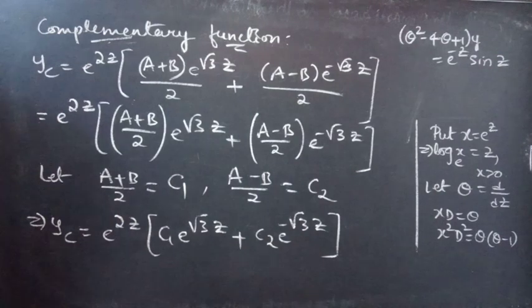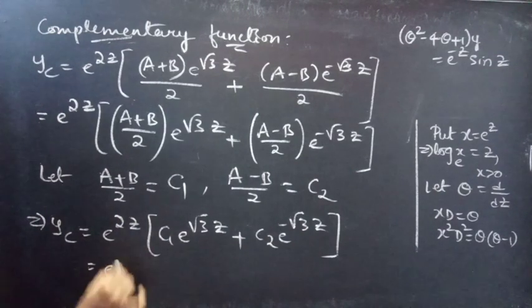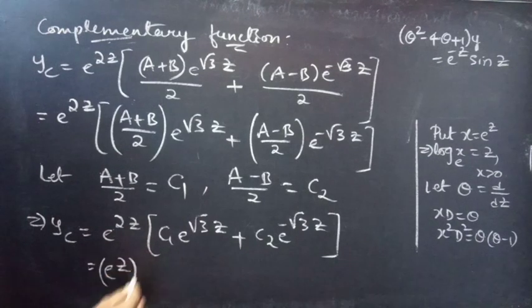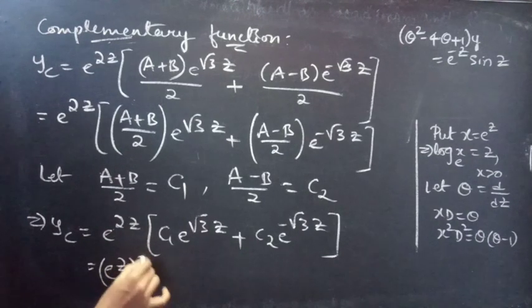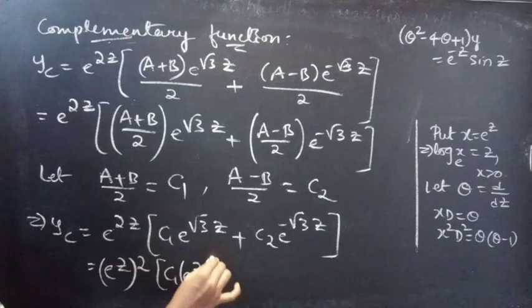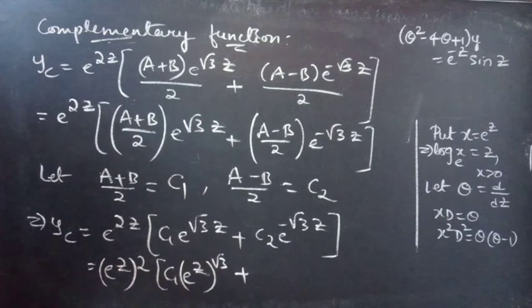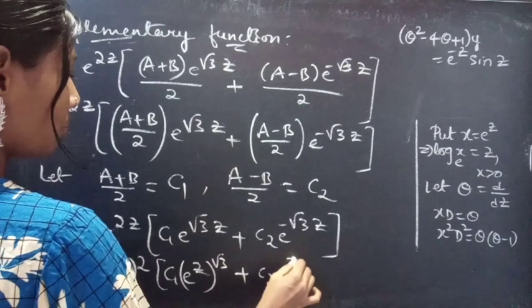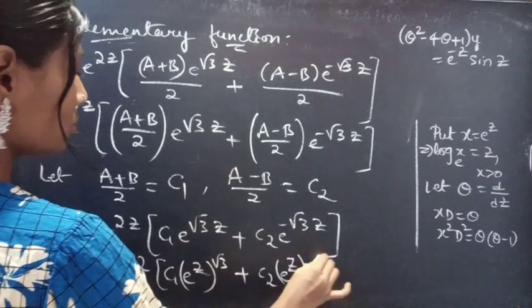Now we got yc in terms of z. So let's write it in terms of x. For that, what we have to do? We have to write e power 2z as (e power z) whole square into c1 (e power z) whole power root 3 plus c2 (e power z) whole power minus root 3.